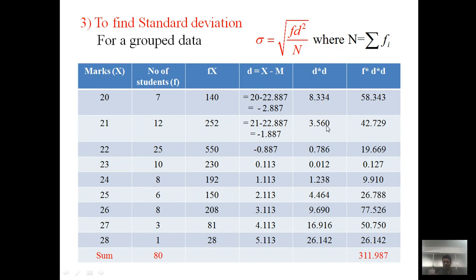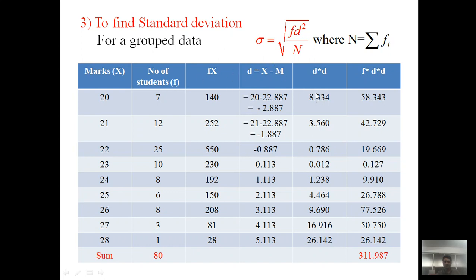Now 3.560 is the square of negative 1.887. Similarly, the square of 5.113 is 26.142. In the last column, we have to obtain the value of the numerator, that is f into d square. So these are f, these are d square.